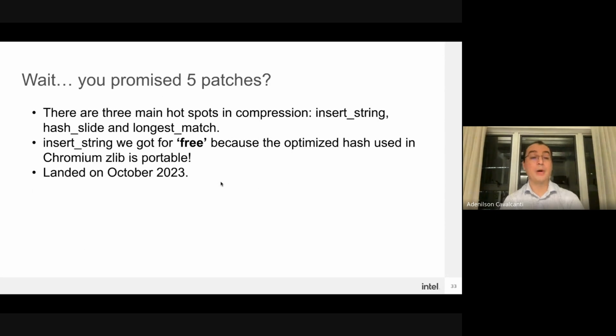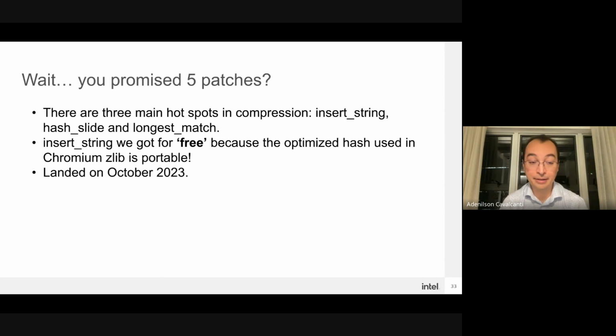But if you recall the second slide of my presentation, I promised 5 patches. And we have discussed so far only 4 meaningful patches. So one of the patches actually came for free.